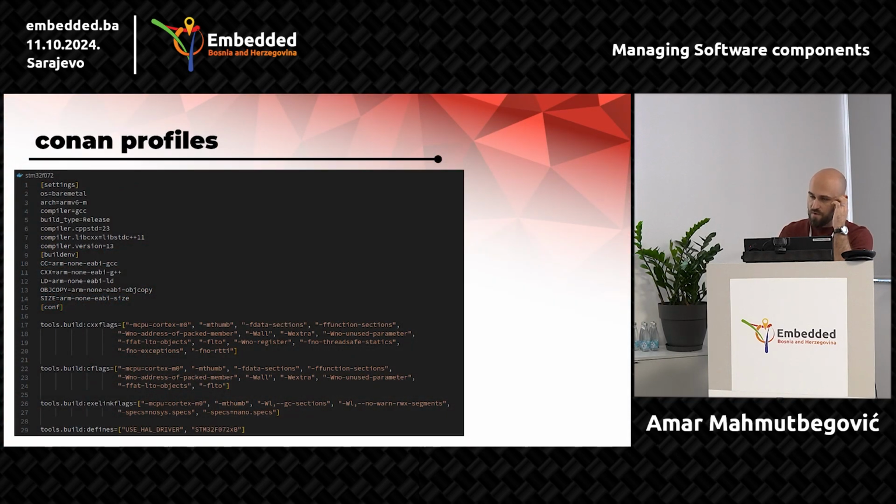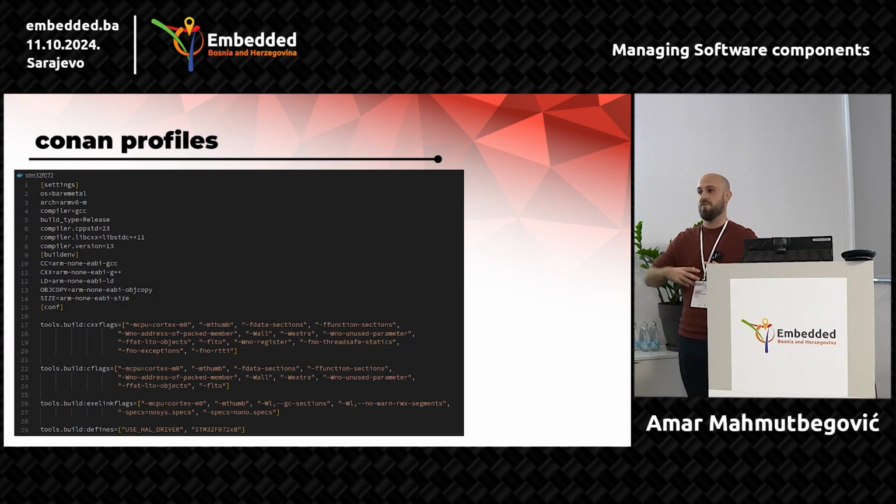We have Conan profiles where you can specify architecture, CPP flags, C flags, defines. This is part of the Conan specification. No, you write this exactly, and I don't like that. You don't like writing profiles? Yes, because I think it's something that shouldn't be part of the project. It's not necessarily part of the project.